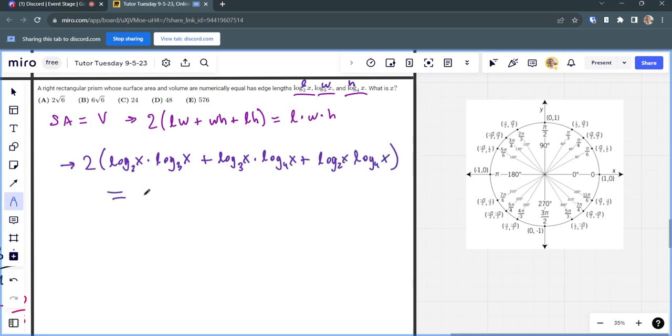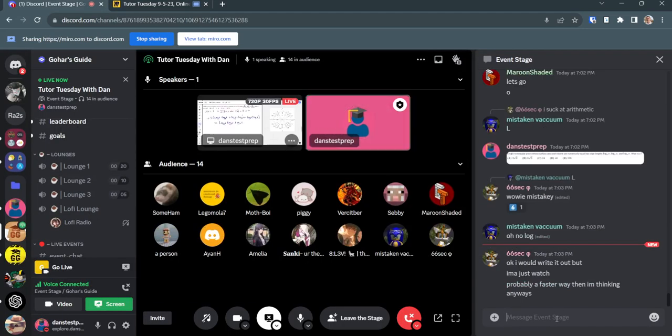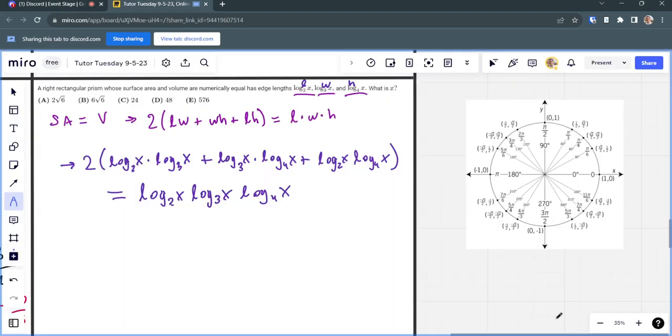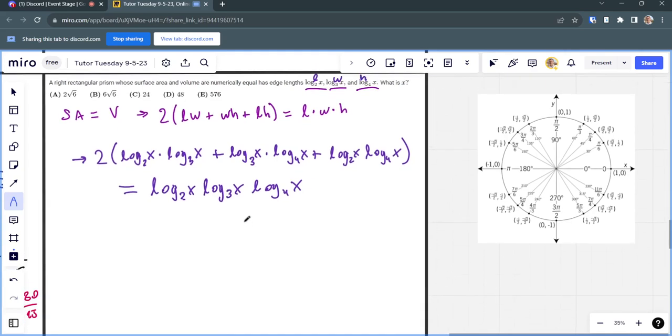That's equal to log base 2 of x, log base 3 of x, log base 4 of x. I just substituted those in. Let's see how the chat's doing. This is the only way I kind of figured out how to do this.